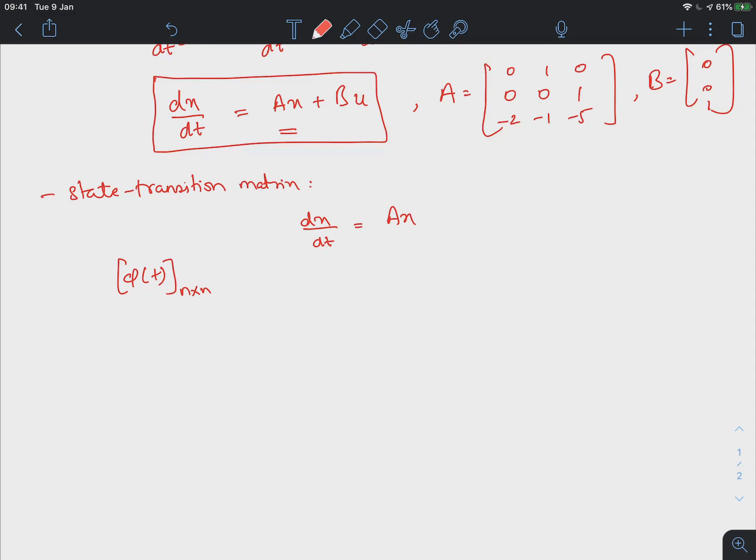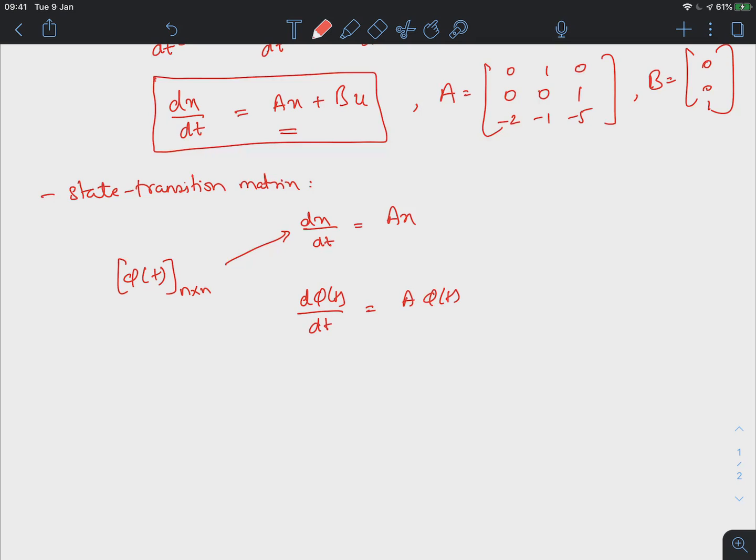It is also a matrix, and it satisfies this differential equation, meaning to say that if I replace x by this phi(t), then this equation should also be satisfied. That is to say, d phi by dt is equal to A phi(t).